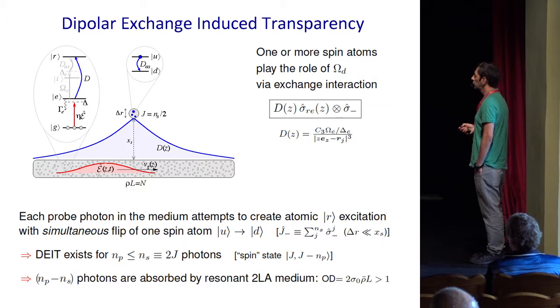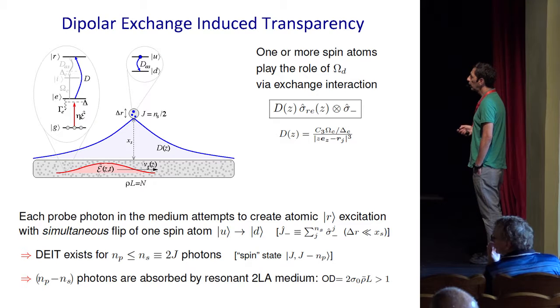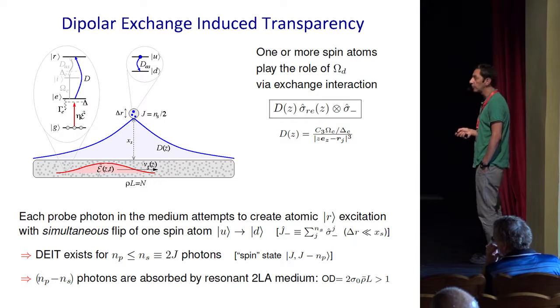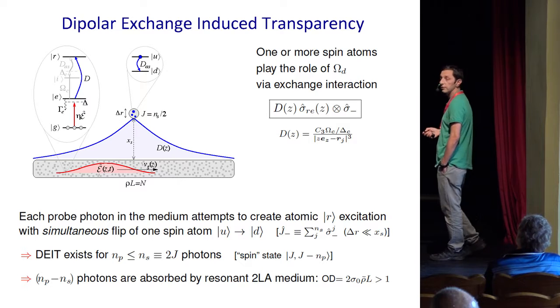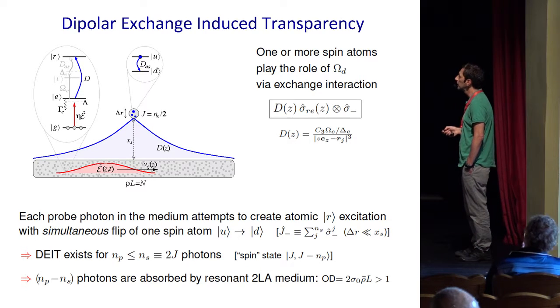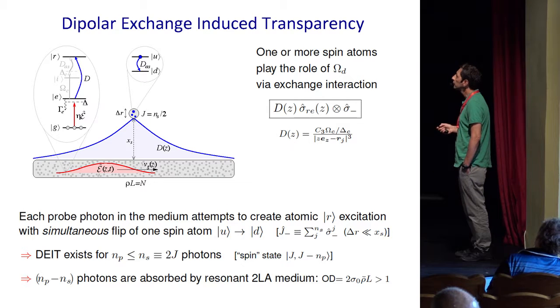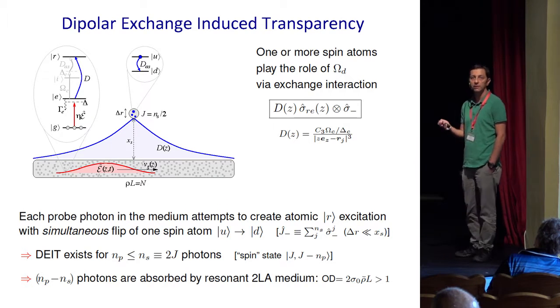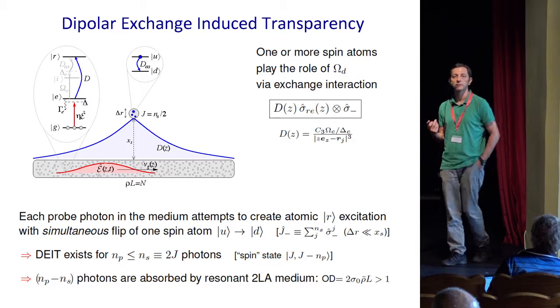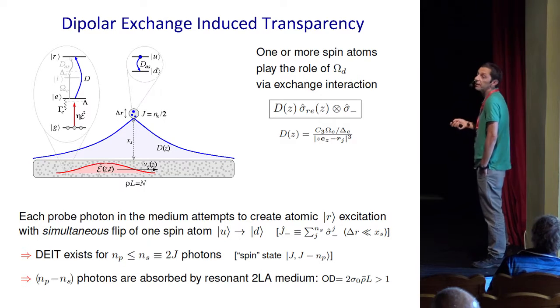Now if I have just one atom in the Rydberg state here, and I send one photon, then this photon can propagate in this medium, which is now transparent, by flipping the spin. But while this one photon is inside the medium, the second photon, as it wants to enter the medium, cannot create a dark state polariton because there is no spin atom to take for the driving essentially.